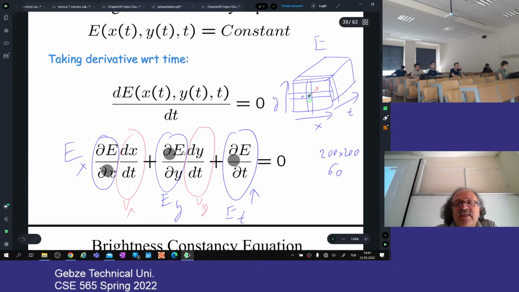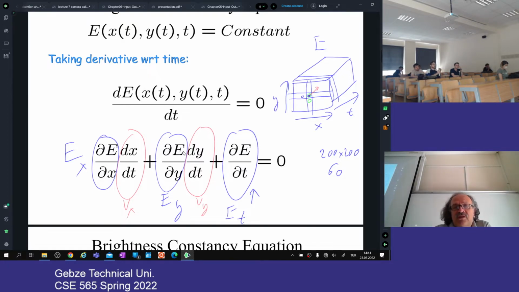So what am I going to do? I will put these in an equation, but the thing is that I have two unknowns and one equation. That's the problem. For a given pixel, this brightness constancy equation only gives me one equation, but I need two unknowns.